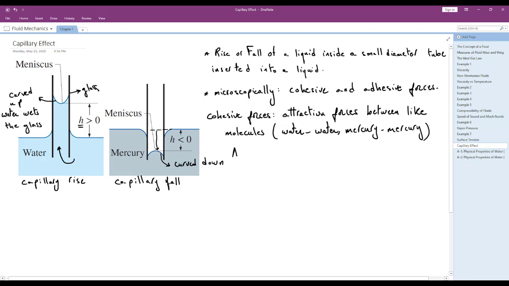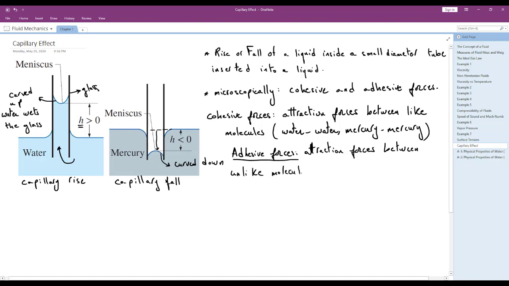And adhesive forces are just attraction forces between unlike molecules.